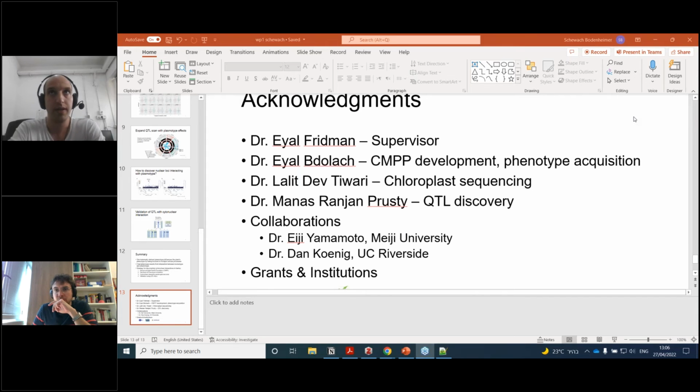However, what we are doing in our lab is that we are now propagating a TILLING population. The material used to mutagenize those plants is targeted especially on the chloroplast genome.